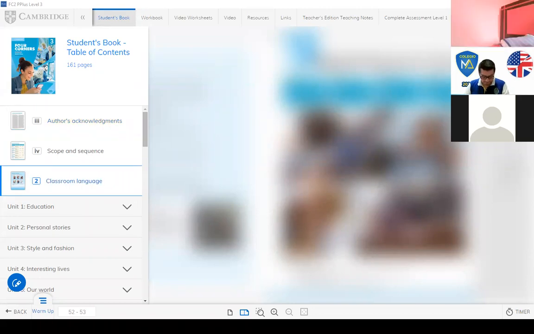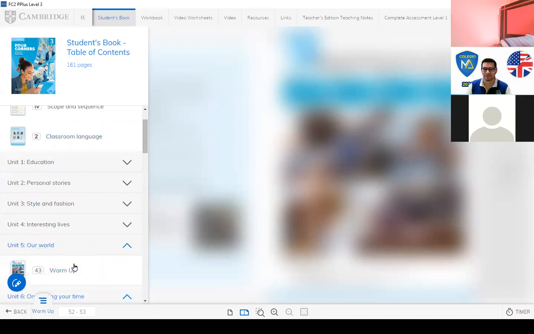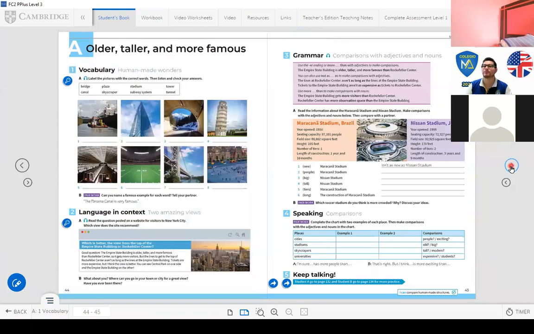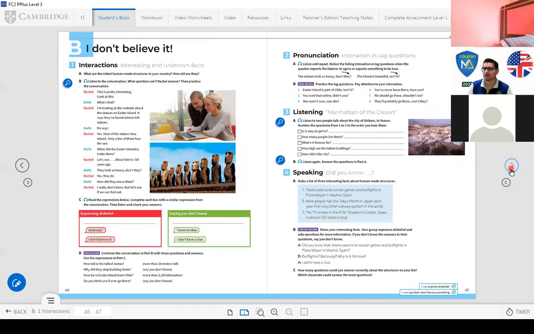In the previous class we were working on unit number 5, right? We were doing some activities about unit 5. Let's take a very quick look at what we're learning. We're talking about human-made wonders, comparative adjectives, and expressions for expressing disbelief.